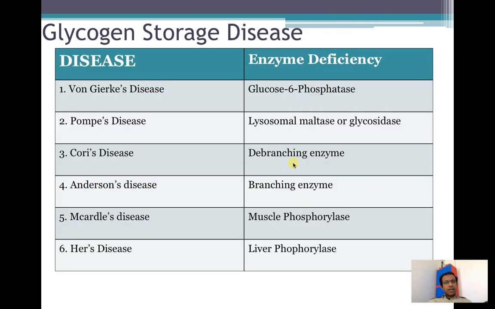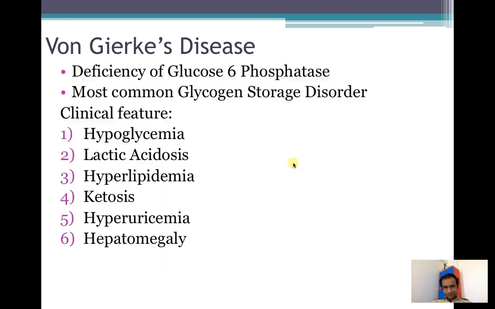So these are the 6 types of glycogen storage disease. Ideally, you should remember the names and the deficient enzyme. In detail, the important one out of these is only type 1, that is von Gierke's disease, where there will be deficiency of glucose 6-phosphatase.